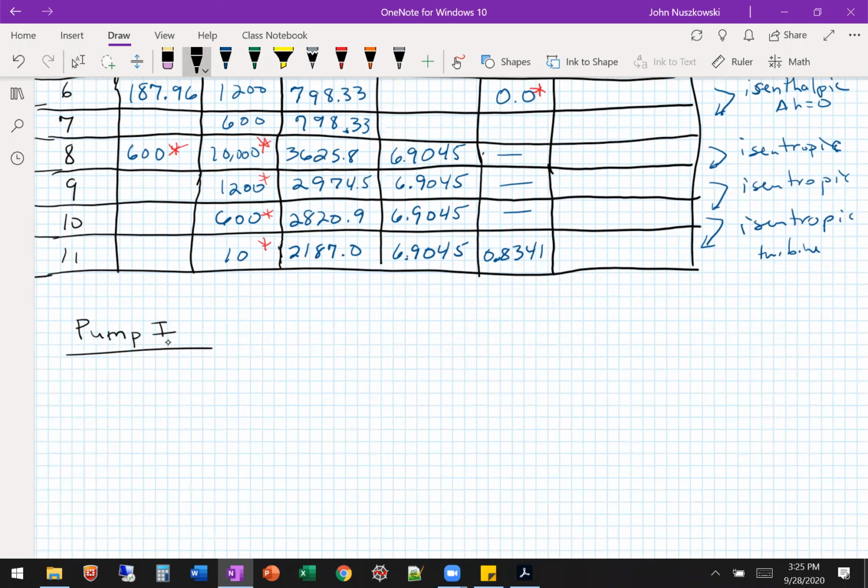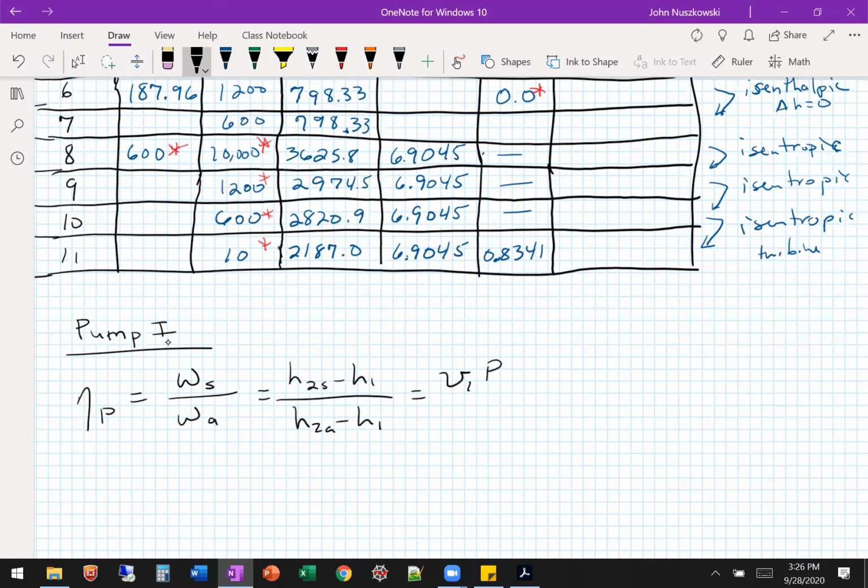So if we did our isentropic efficiency of the pump like we did for the last example, you have isentropic pump over actual. But then we also use that V delta P, right?